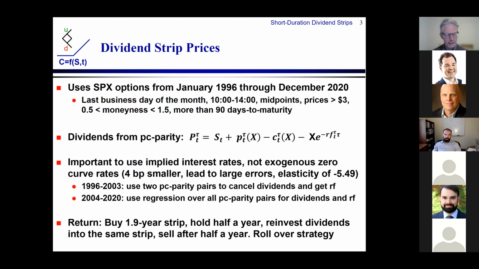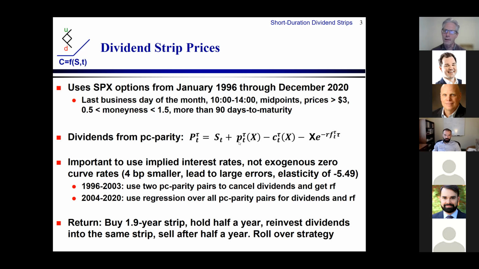There are so many within-minute put-call parity pairs that if you're combining everything with everything, it just gets out of hand. What one can do, and we checked around 2004 that the two approaches do not give any different results, is simply use a regression approach.